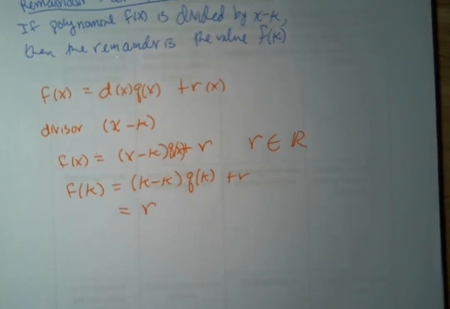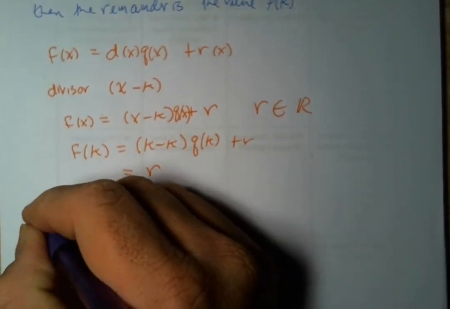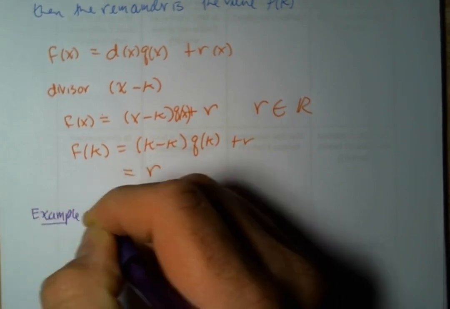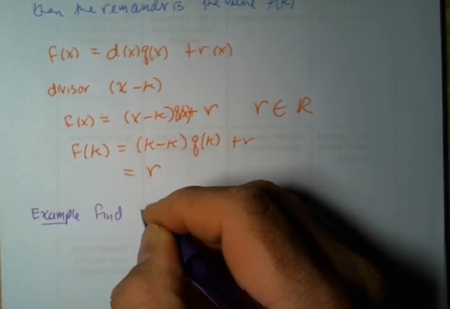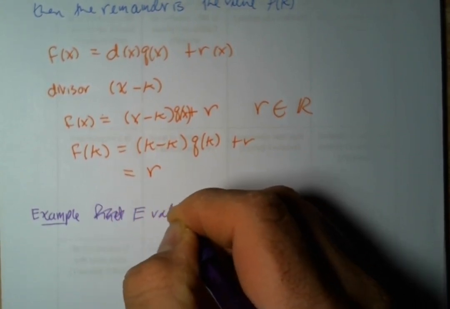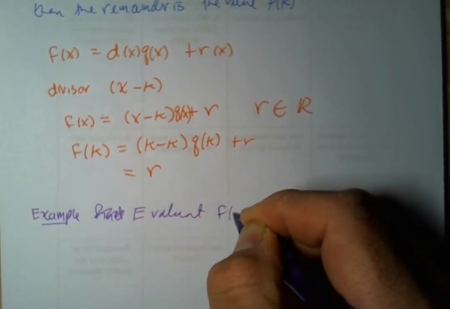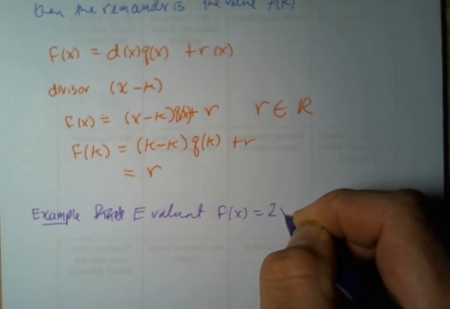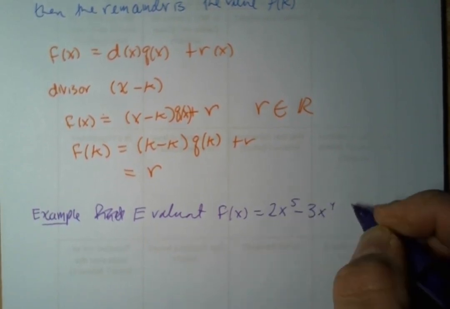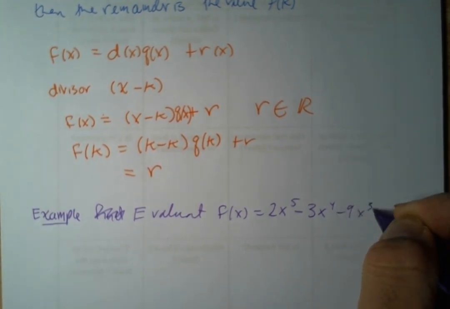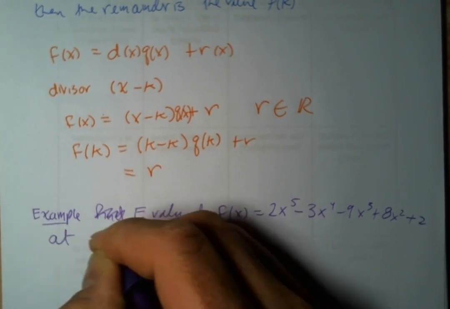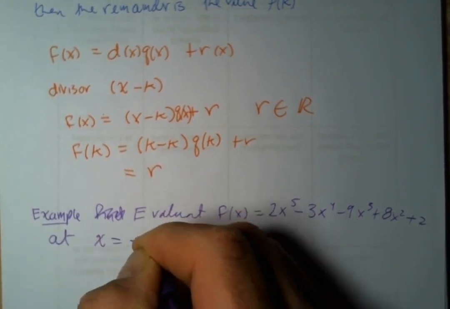It's a very nice result, which means that, for example, let's say I wanted to evaluate f of x equals 2x to the 5th minus 3x to the 4th minus 9x cubed plus 8x squared plus 2 at x equals negative 3.